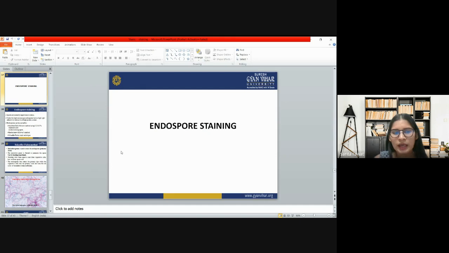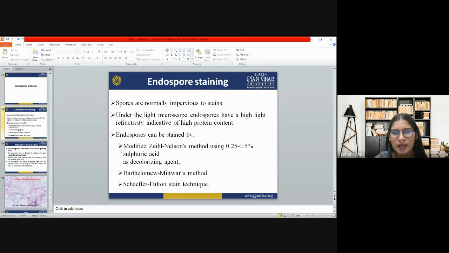Now the next method we have is endospore staining. When we look at endospore staining, we find that spores are normally impervious to stain. Under the light microscope, endospores have a high light refractivity, indicative of high protein content.